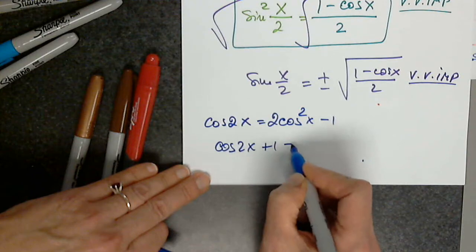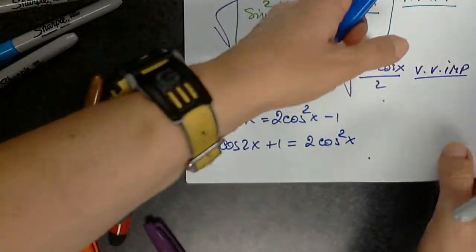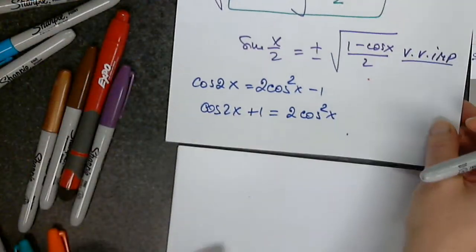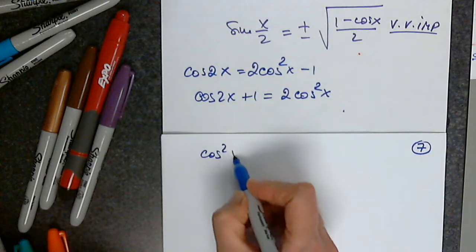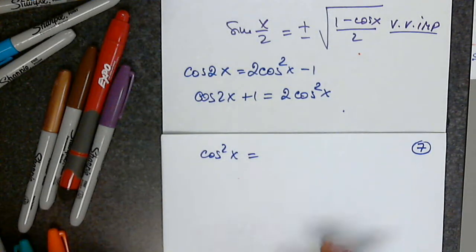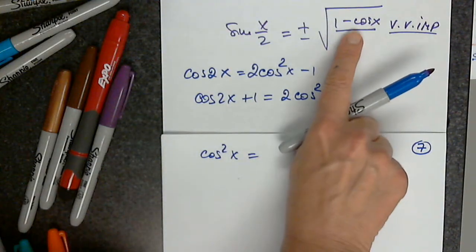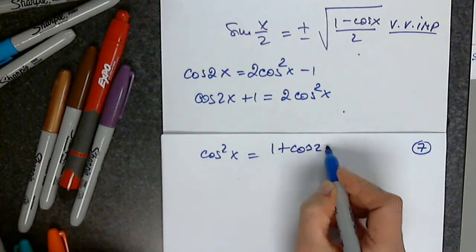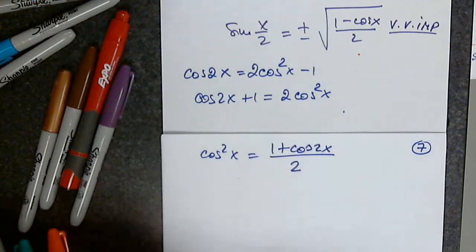Cosine 2x plus 1 equals 2 cosine squared x. And now I finally solve for cosine squared x. So cosine squared x equals? I'm going to write it as 1 plus cosine 2x, because I would like it to resemble this one. Cosine 2x plus 1 or 1 plus cosine 2x is the same thing.